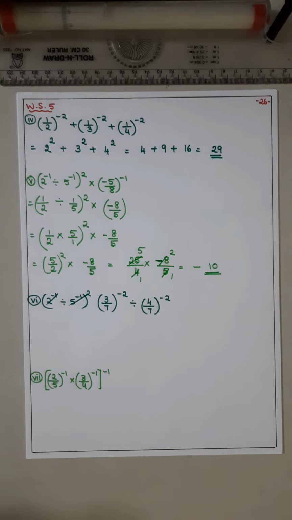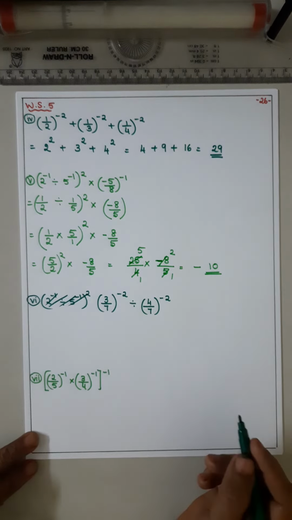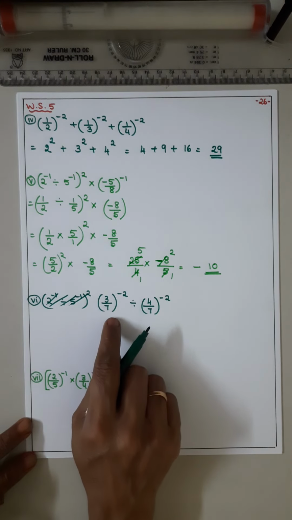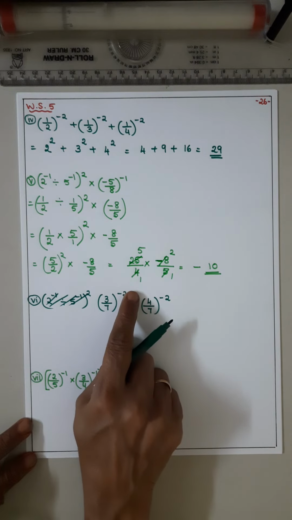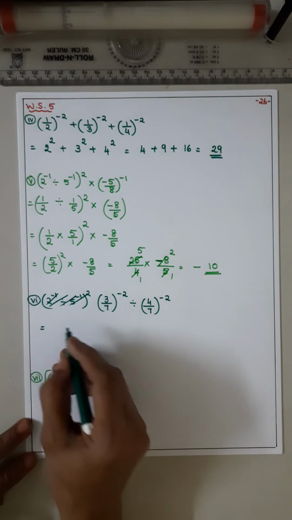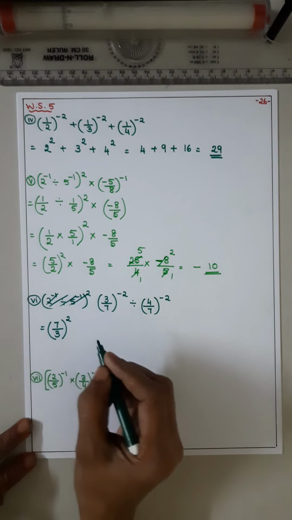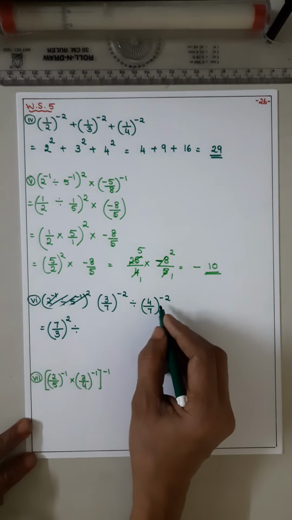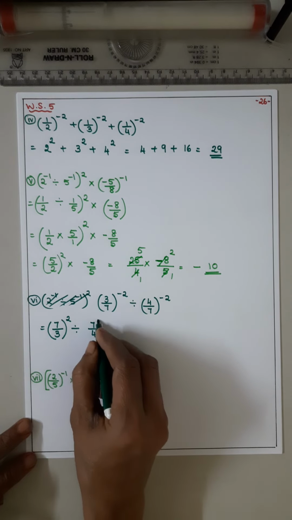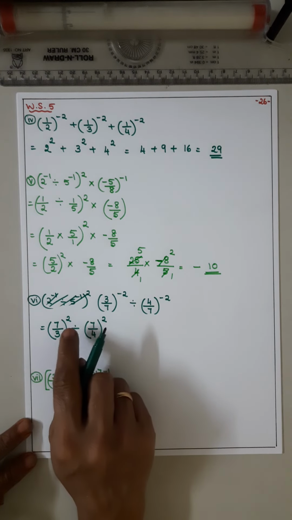Okay. Now coming to the sixth subdivision. 3 by 7 the whole raised to minus 2. क्या बनता है? रेसिप्रोकल है ना. 7 by 3 the whole raised to 2 divided by, इधर भी नेगेटिव पावर है तो रेसिप्रोकल 7 by 4 the whole raised to 2. अभी क्या है ये?